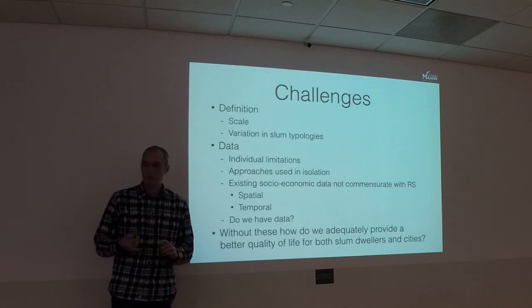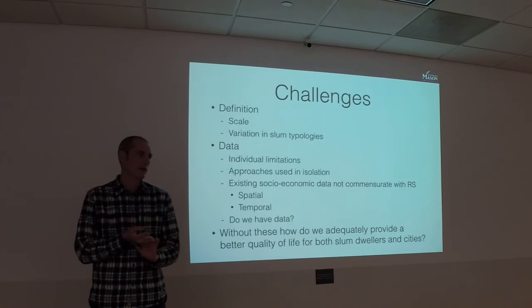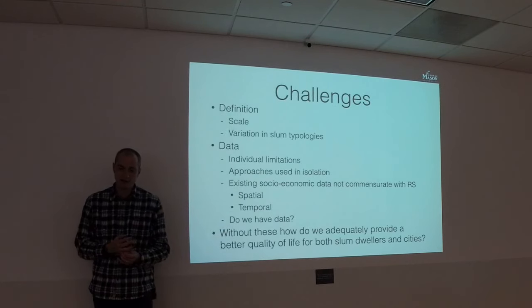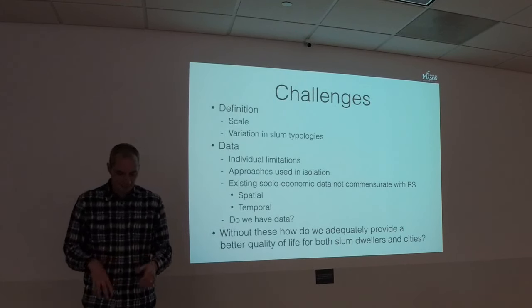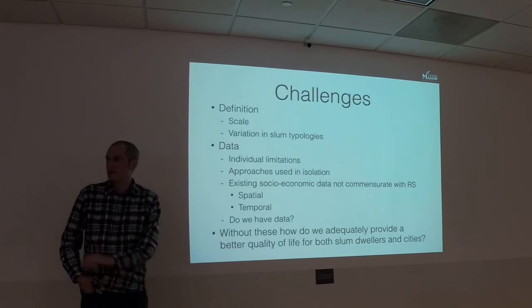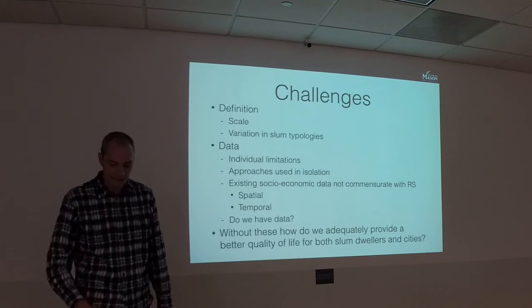You know, when was the census last done compared to the last time a satellite flew over the area. So you have spatial and temporal mismatches in these data sets. And without exploring these things, it can be very challenging to really tackle slums, is what I'm trying to get at here.